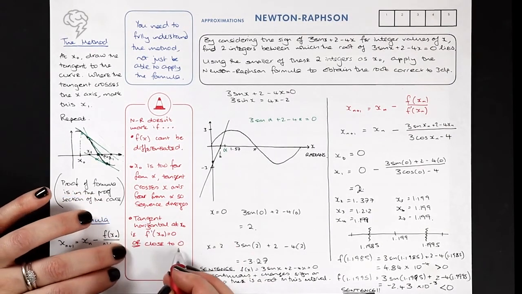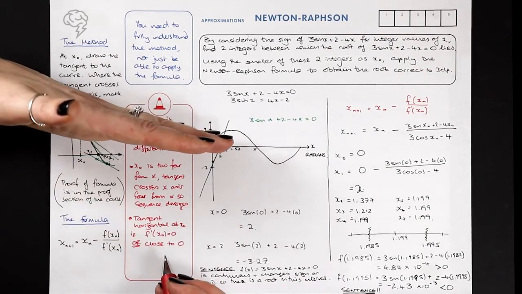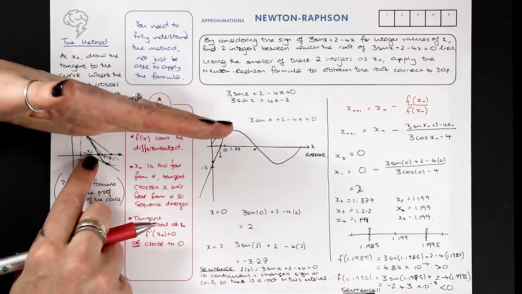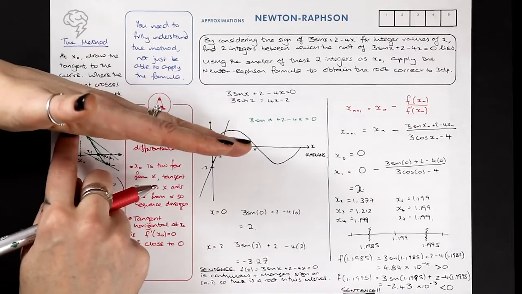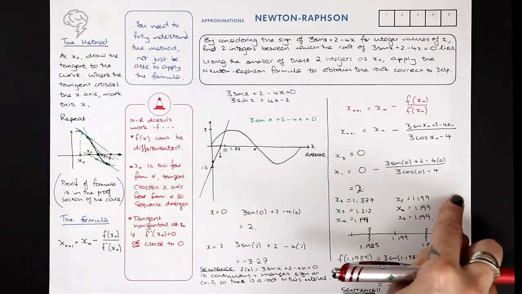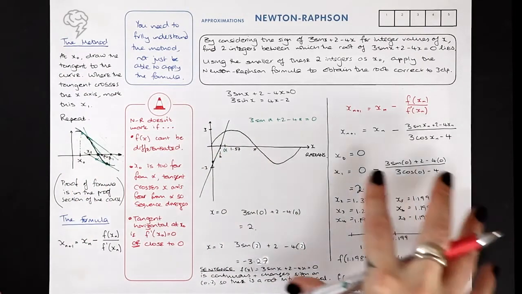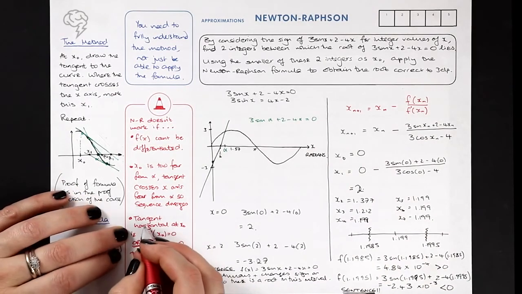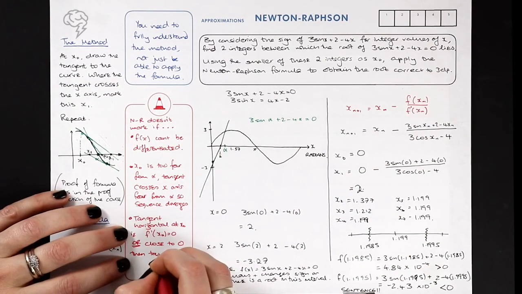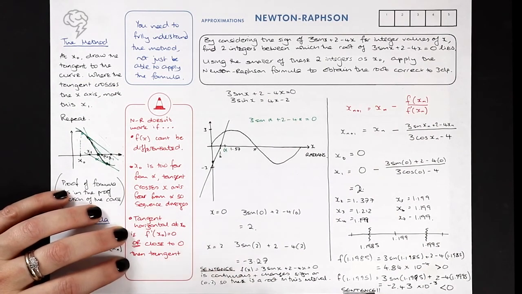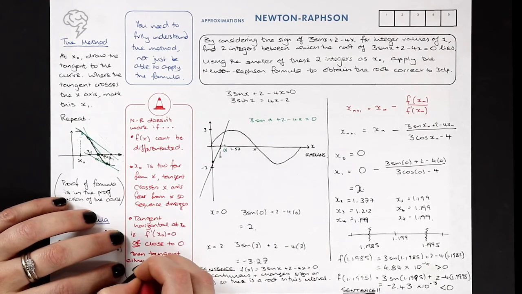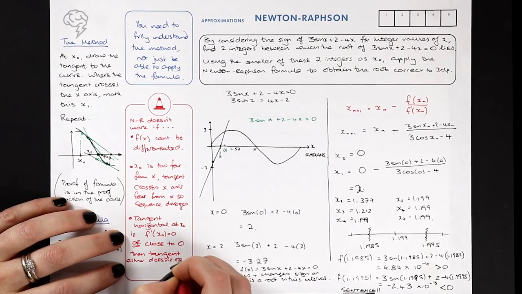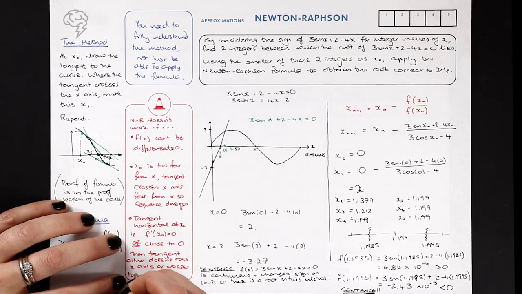If it's close to 0, then your tangent will be like, whoop, and even though we started really close to alpha, we're going to go miles away before we hit the x-axis, and the curve could be doing something totally different over there. So if the tangent is horizontal, you can't do it. Tangent either doesn't cross the x-axis or crosses too far away. And then we end up in this situation.